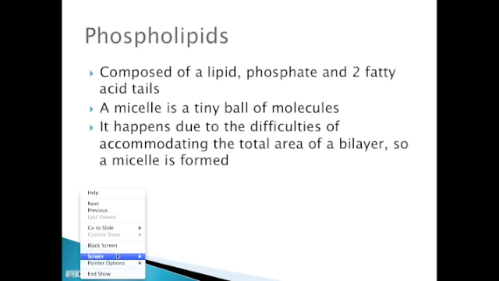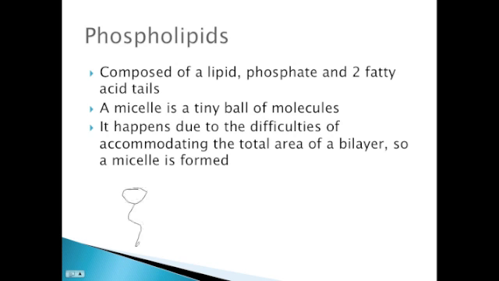Let me just bring the pen on. So this is a lipid. It's like a ball with a tail. A bilayer is essentially one of these and another one like this. Imagine this is the water and there's many of these floating around. It's really difficult to accommodate the whole area of it. So what it does is it forms a micelle.